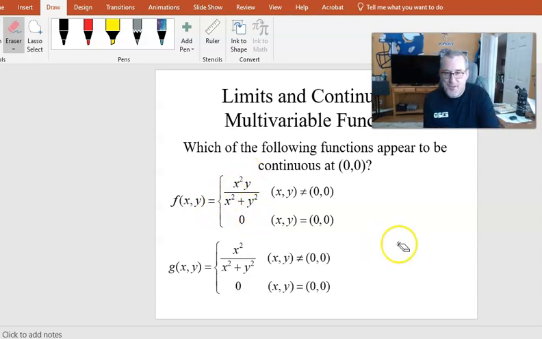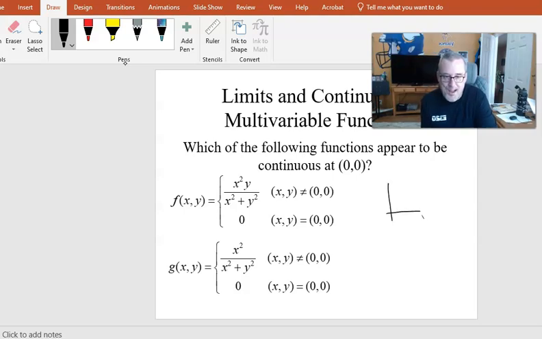And we have to imagine not just x approaching something, but notice it's a function of x and y. This function is defined such that when x and y are not 0, we can use this formula over here. But when x and y are 0, 0, then the function outputs a 0.